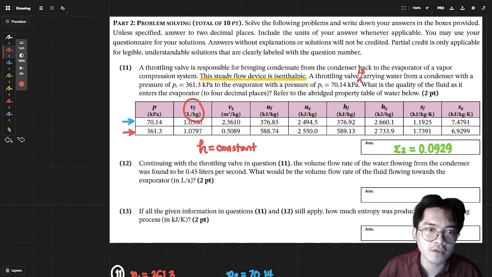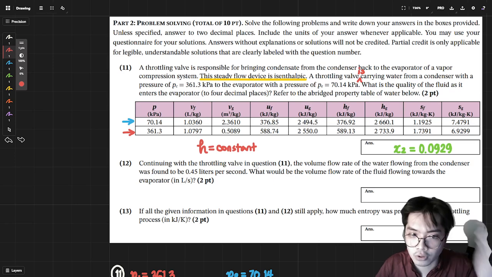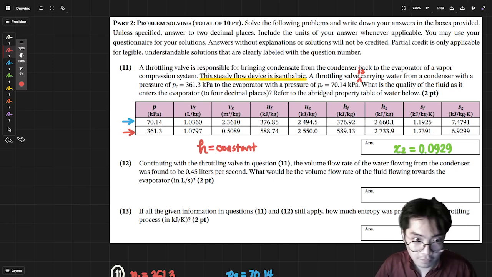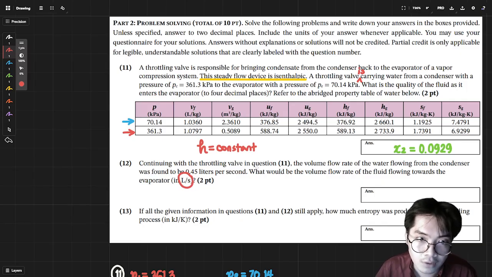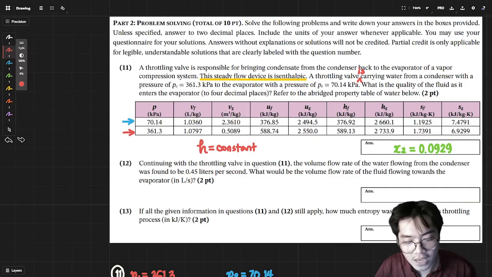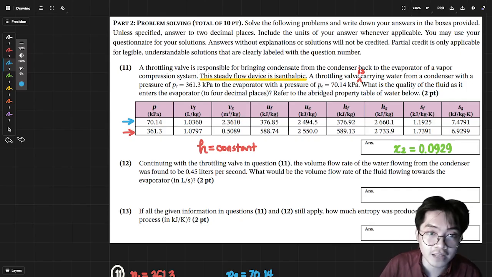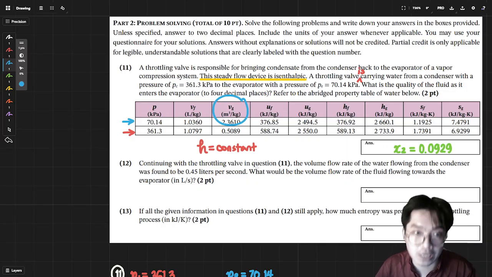If we want to be very expedient, let's just look at what units I'm looking for. I'm looking for liters per second. So that means this is more useful than this. That means that for me, I'm going to have to just make a conversion factor for VG. I'll write down everything in VF as is.